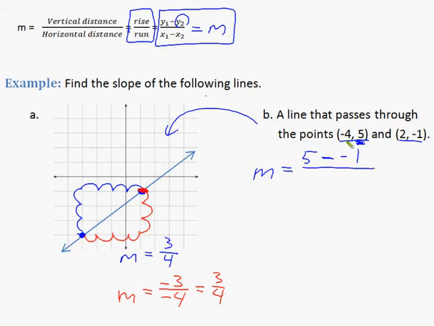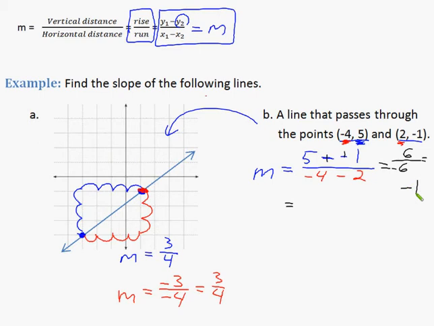So this is -4 minus our second x value, which is 2. And then you can figure out what this is equal to. Let's put it here. 5 minus -1, that's really 6, over -4 minus 2, which is -6. And that reduces to -1.